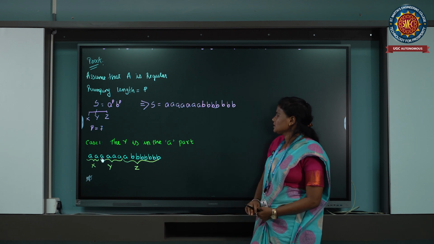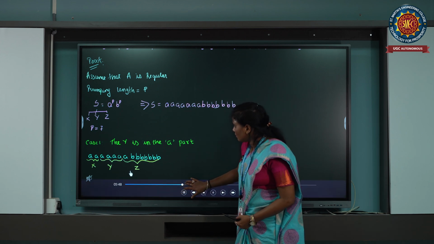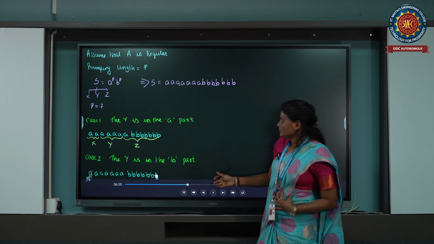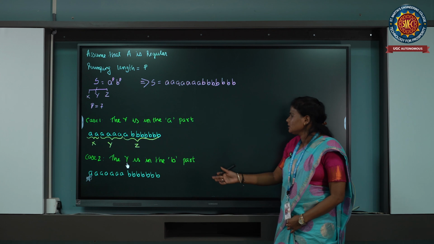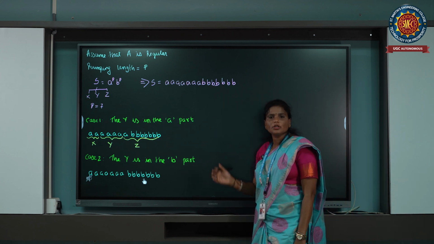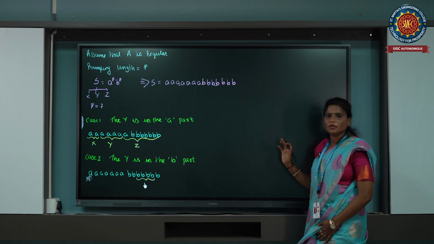This is the first case. So now all the A's are 11 in number and there are 7 B's. So it is totally clear that this string is not following the original language, that is A to the power n and B to the power n.